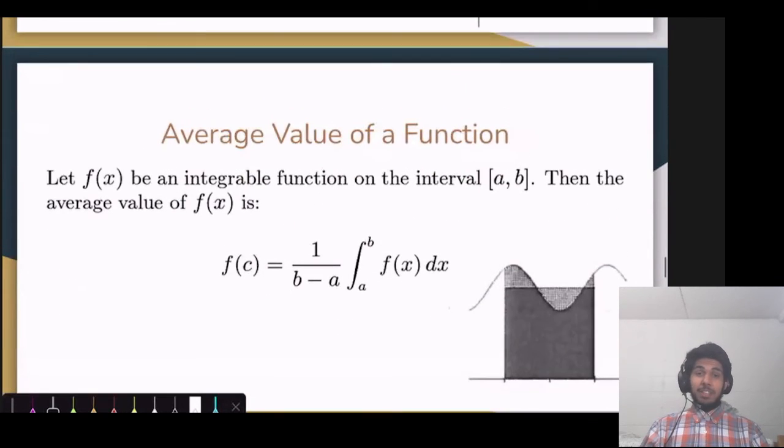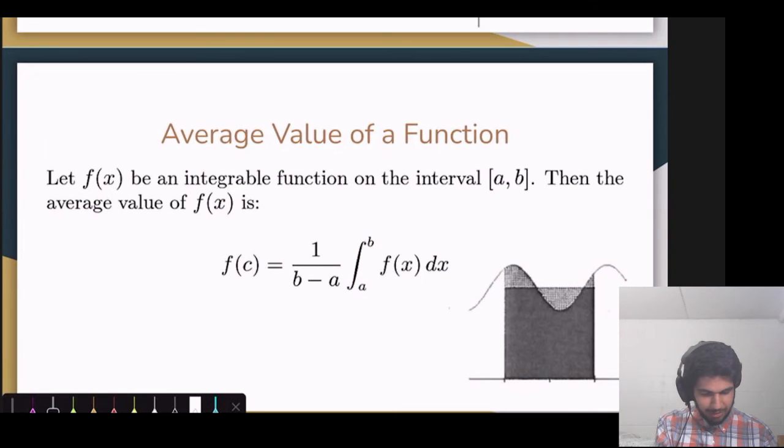Now we have the average value of a function. This is super handy. A lot of times we're asked, what is the average value of a function on an interval? And we can now find it. If we have some function on some interval a to b, then the average value is given by 1 over the size of the interval times the integral from a to b of that curve.